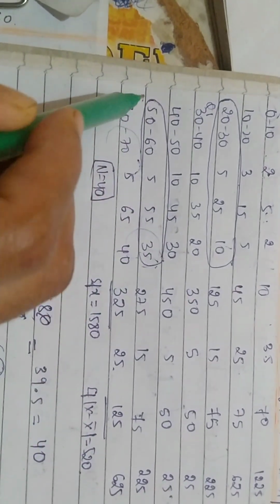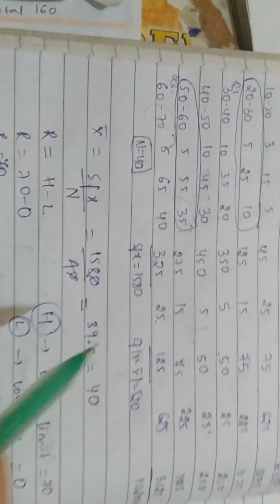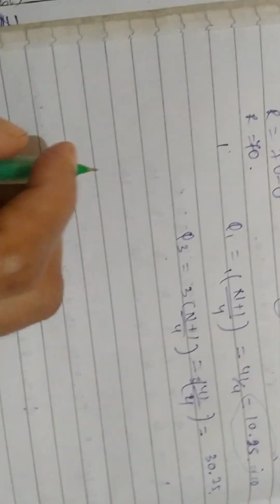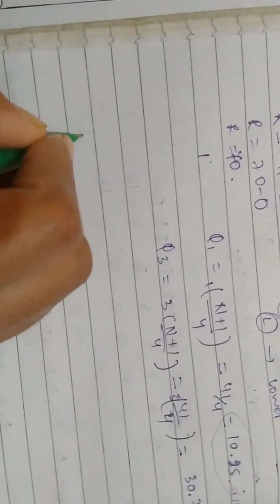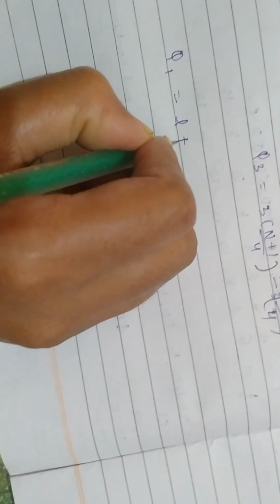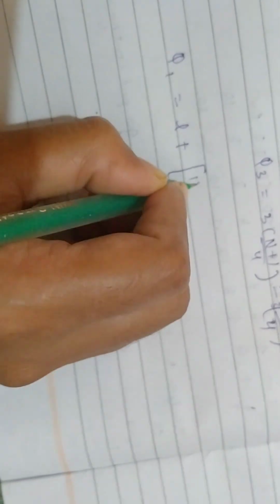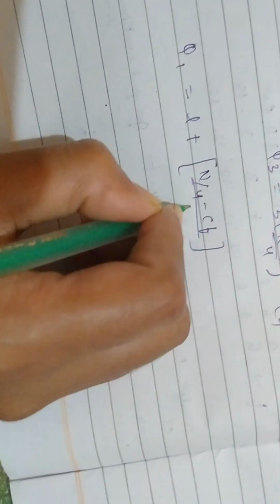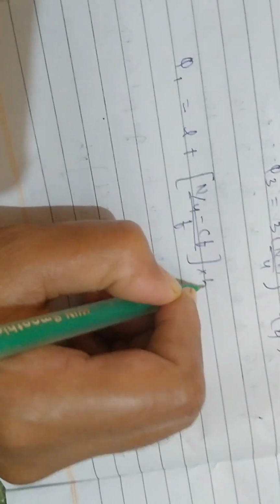So this is going to be our Q3. To find the exact Q1 and Q3, we have another formula, that is Q1 is equal to L plus n by 4 minus Cf divided by f into h.